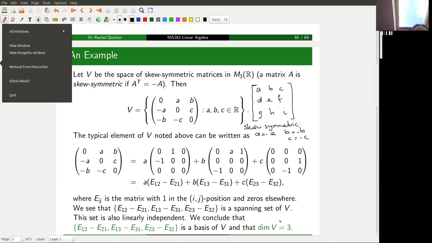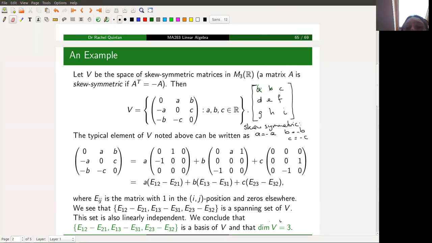If we have a B here in the second entry of row 1 of A, then the corresponding entry in the transpose is in this position, and it should be minus B. So basically B and D should be negative to each other.